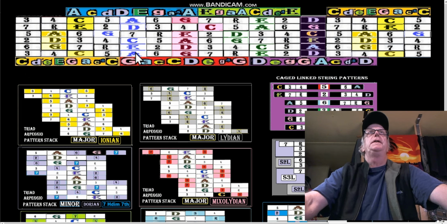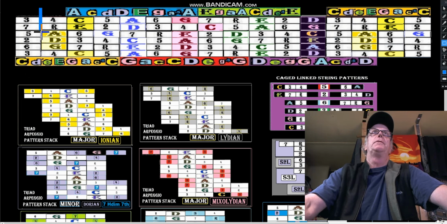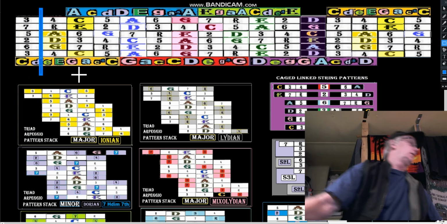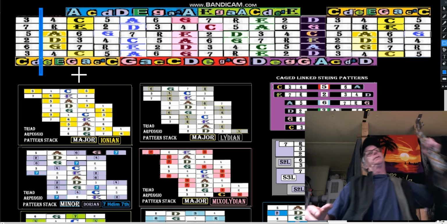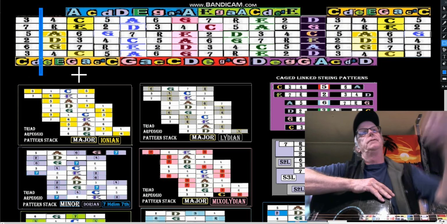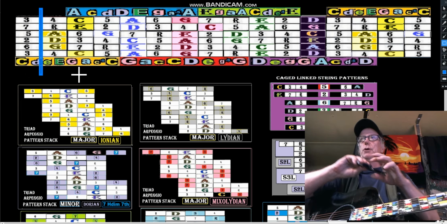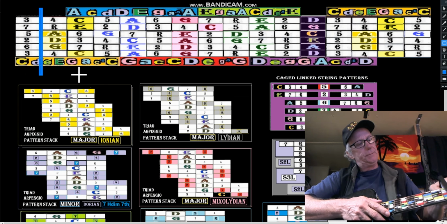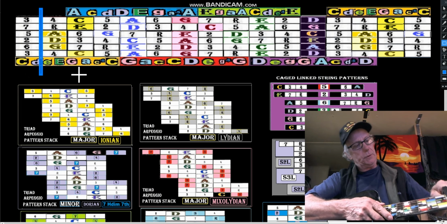And I've simplified it into cages, of course. So you could call this your fretboard, and you could call this the fret nut on the guitar, for the lesson. We're not talking about total versatility here this morning.